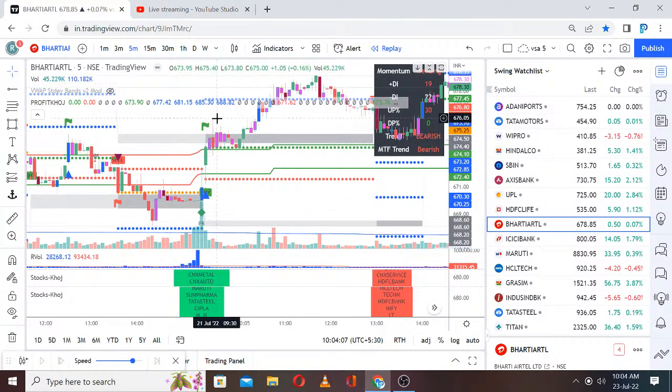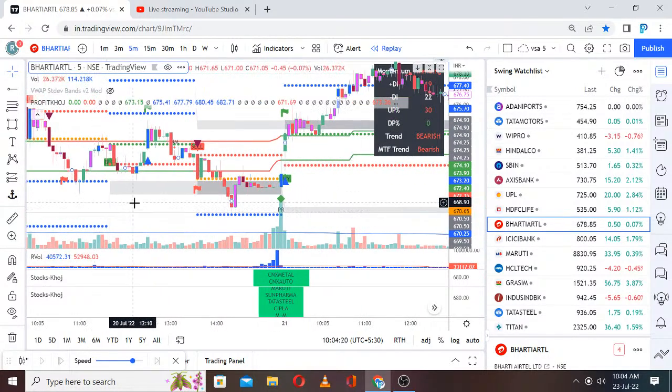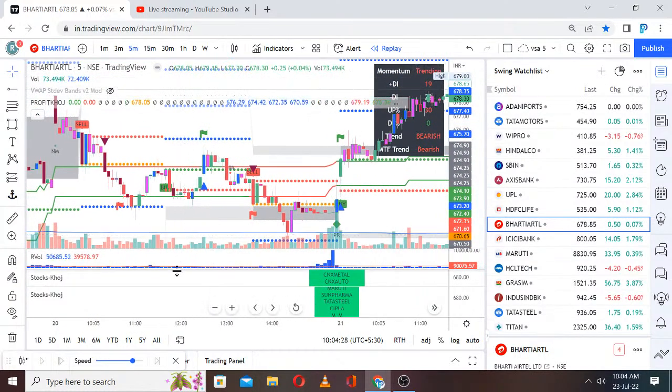See, buy signal, retracement, it should touch the line. And here you can see this is the entry. This is also break test continuation. See, everything is confirmed here. Buy signal, retracement, entry.